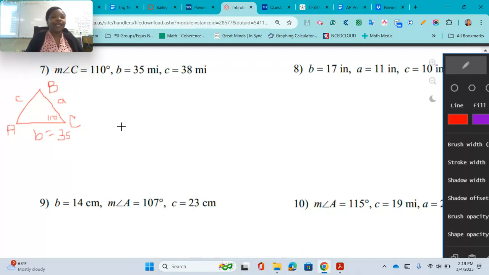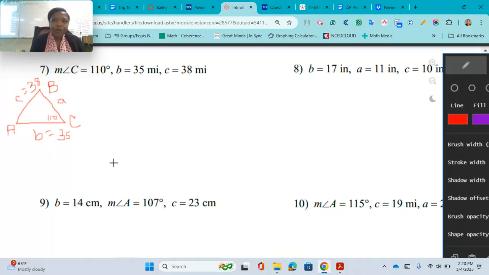They said that the length of little c is 38 miles.